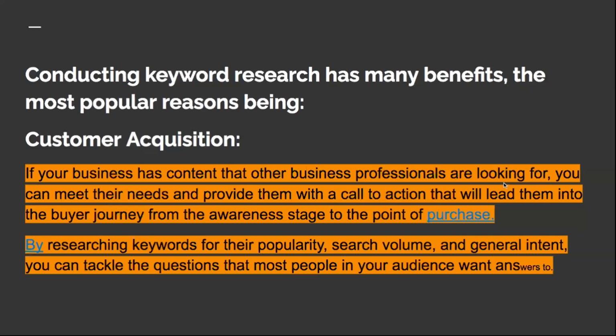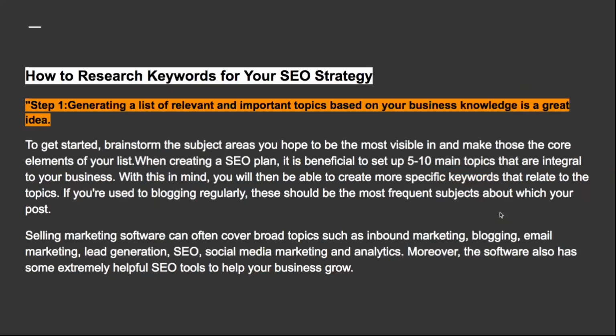So on the next slide, we move to how to research keywords for your SEO. We have about 3 steps here. Generating a list of relevant and important topics based on your business knowledge is a great idea.